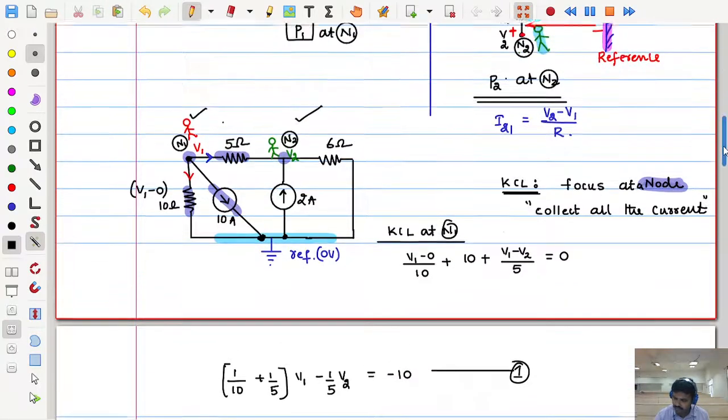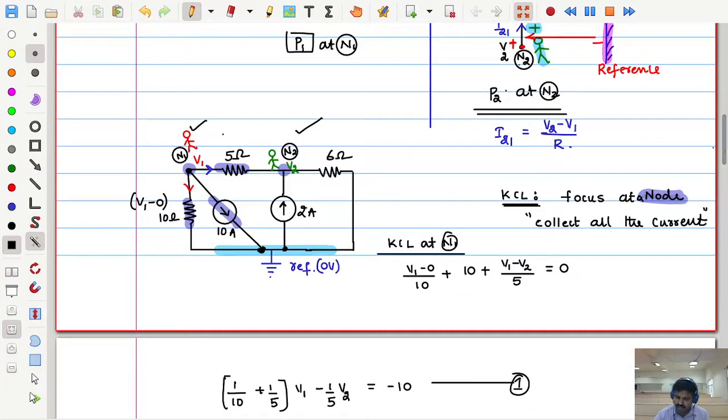Now mainly focus on simple things, and do not make this too complex. Just try to understand: I need each branch current, for which I need the voltage. If I am sitting at node 1, whichever resistors are connected, those resistors' voltage is this person's voltage minus all other persons' voltage, like V1 minus 0, V1 minus V2.